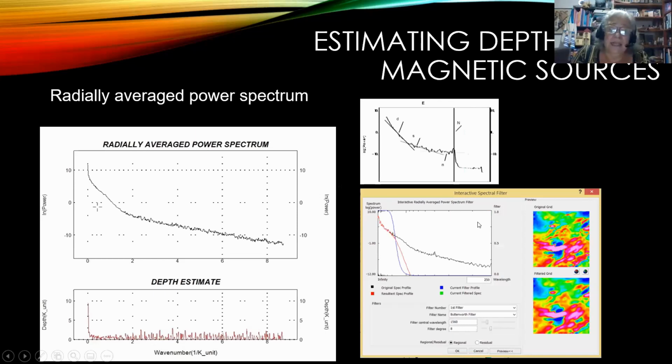And then you can use the radially averaged power spectrum to determine the depths of the magnetic sources. So this is a classic spectrum type of analysis of the data, fitting a tangent and using depth estimates.